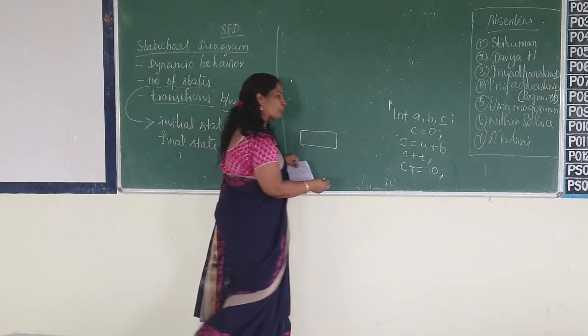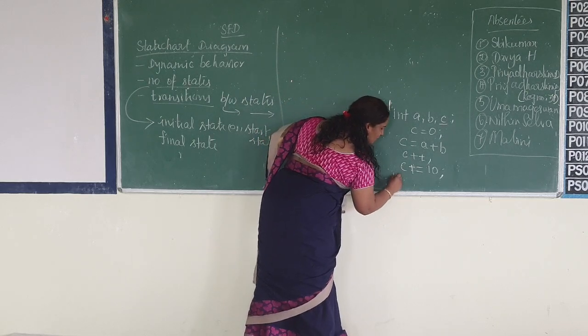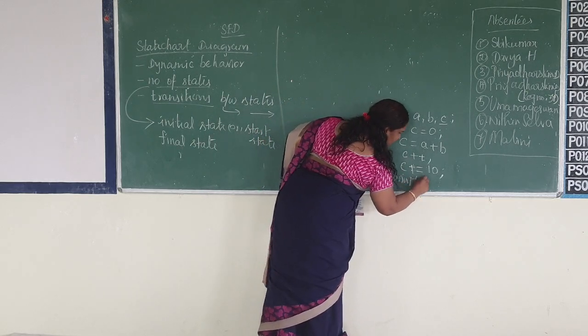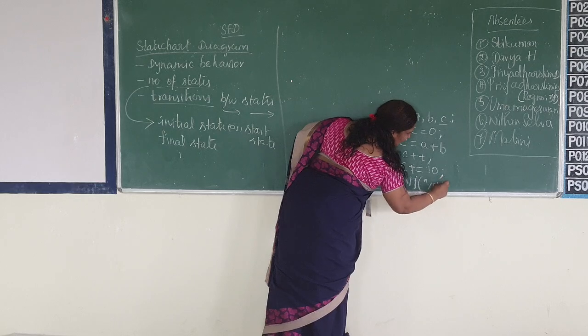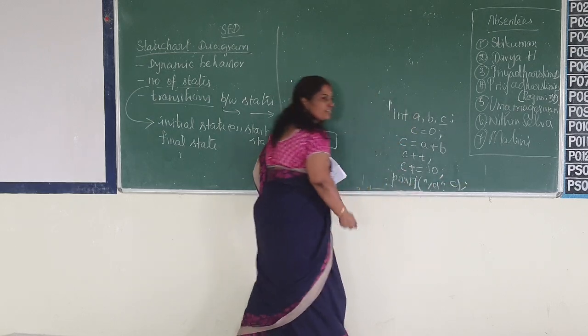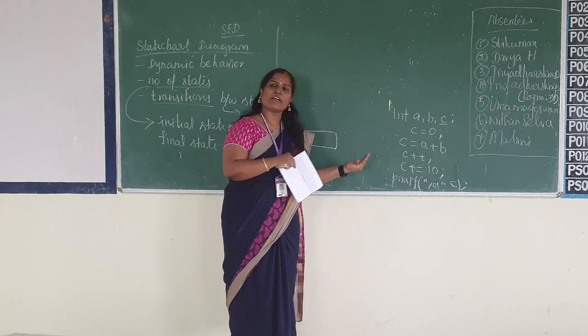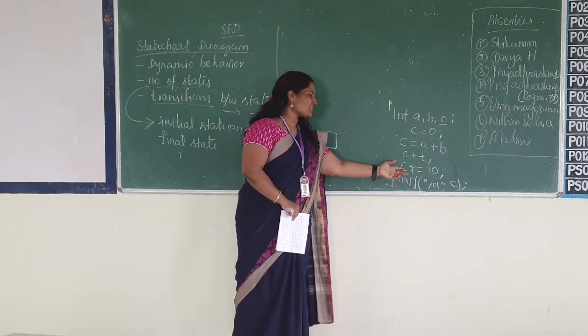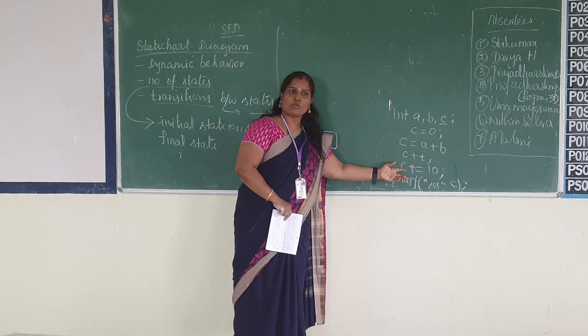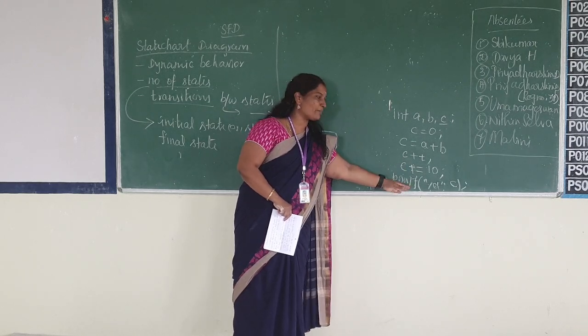Finally when you are going to display, here you are going to give printf percentage %d or whatever it may be, C. While displaying, what is the final state of C? Whatever is the last process on C, whatever the last value on C will be displayed.